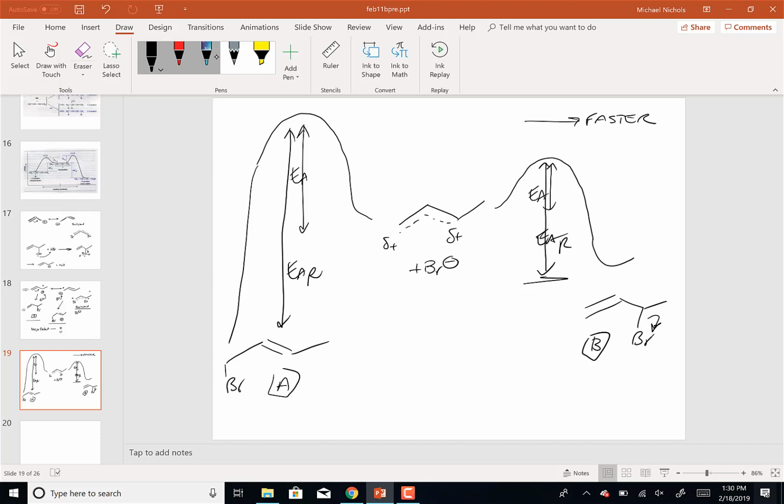Then if it's 2 molecules out of every 100, eventually those get siphoned off into product A and they can't return.